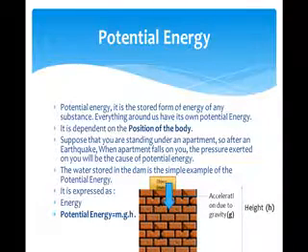When an earthquake comes and the apartment falls on you, the pressure exerted on you will be the cause of potential energy. The water stored in a dam is a simple example of potential energy. It is expressed as potential energy equals mgh, that is mass into acceleration due to gravity into height.